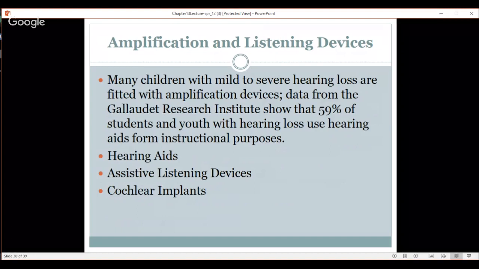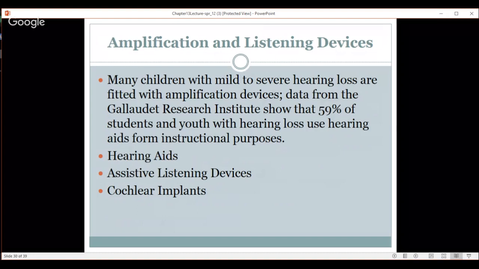You may have seen somebody, maybe even in your own class or in another class in elementary, middle, or high school, who was using an FM system.